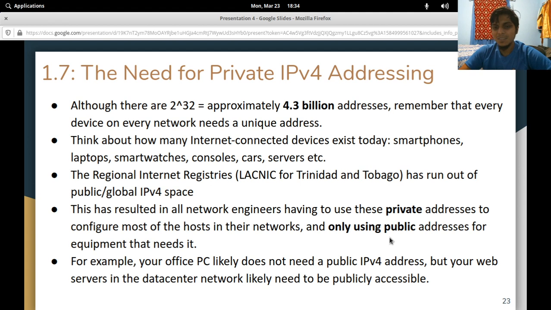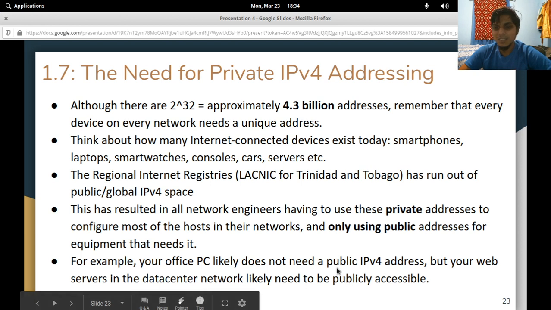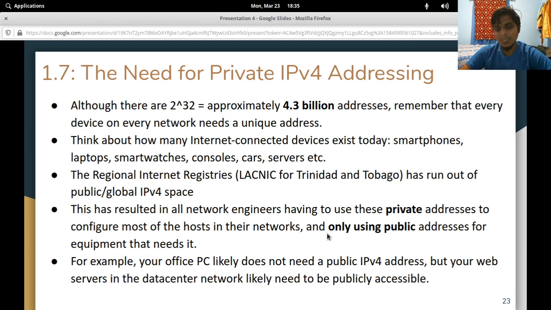You have to pay for it, you need to justify it all the time, you need to show the regional internet registry why you need these addresses, and you need to be specifically authorized to use any public address, whereas private addresses, really anybody can use them, basically. I know with rent you need to pay either way, so it's not a good simile, but you get the point.